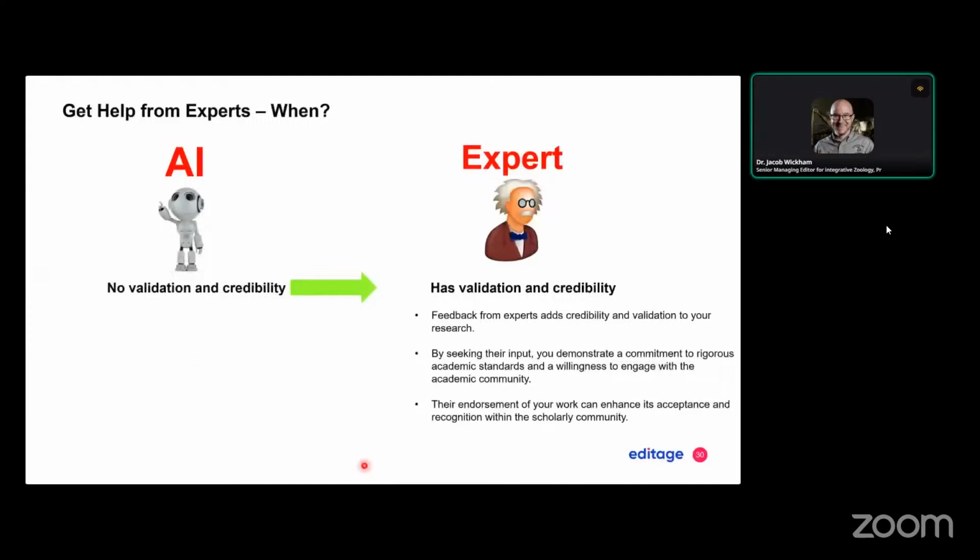So here, it's a good idea to seek input on your papers, your writing, and your research ideas from the academic community, for example, journal editors and reviewers. Their endorsement of your work can enhance its acceptance and recognition within the scholarly community, whereas AI cannot do that for you.